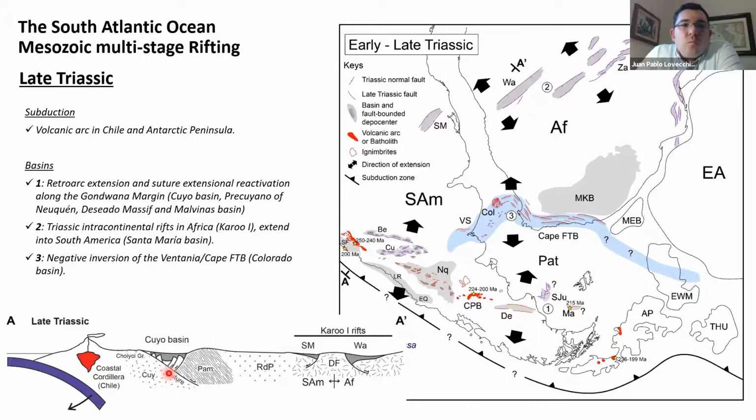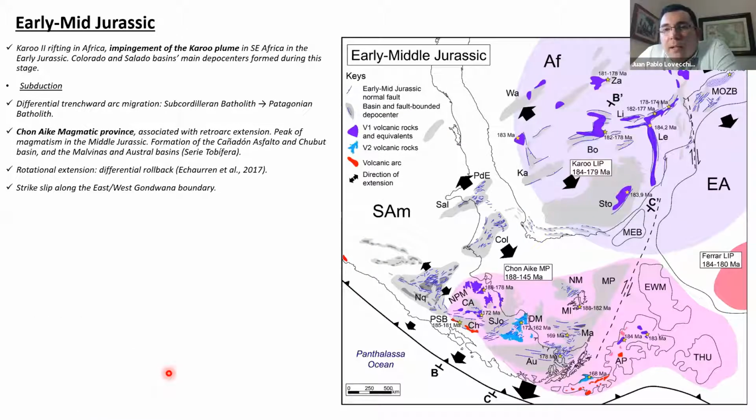In the Jurassic, there is the impingement of the Karoo mantle plume in Eastern Africa that produced a split between Eastern and Western Gondwana. And there is also the development of the Chon Aike magmatic province, here shown in pink, producing volcanics in all this southern Patagonia area, and even in northern Patagonia.